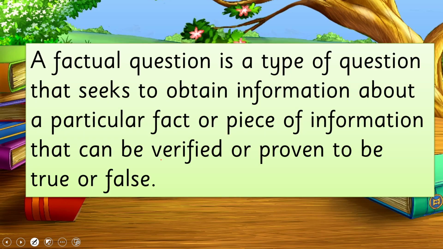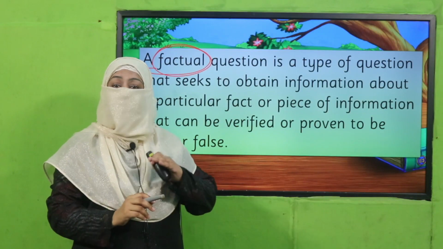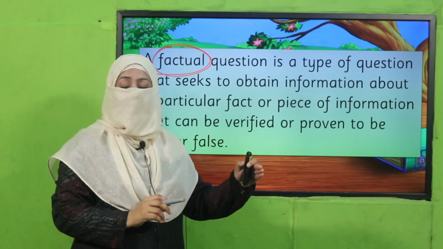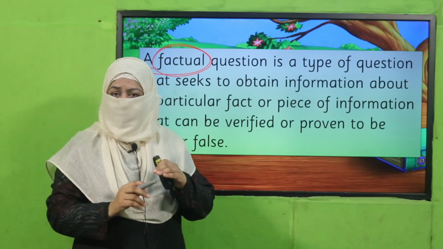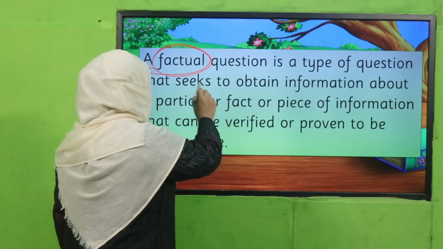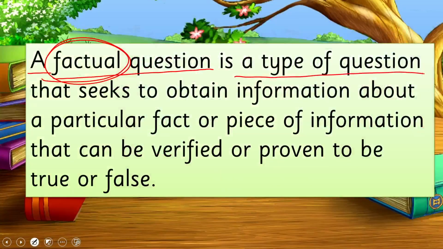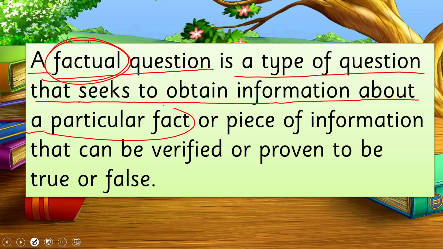So a factual question is basically, beta, we have learned about factual information, remember? Fact means something which is true, can be proven, and logical, okay? A factual question is a type of question that seeks to obtain information about a particular fact. It means if we don't answer by telling that fact, that will be wrong.